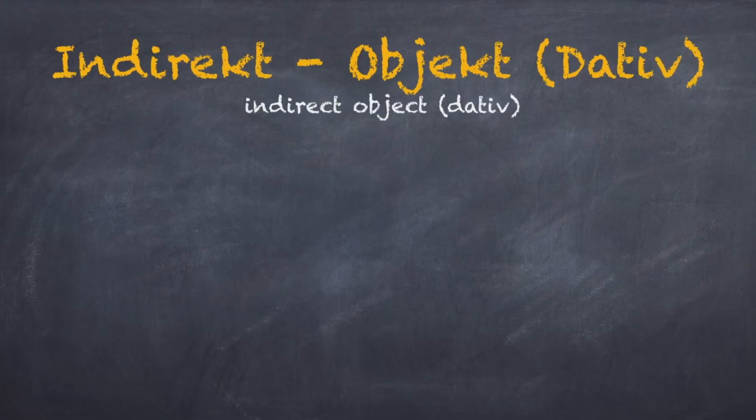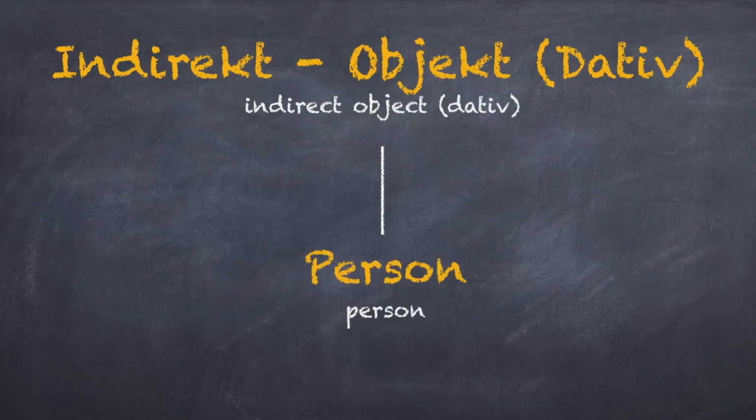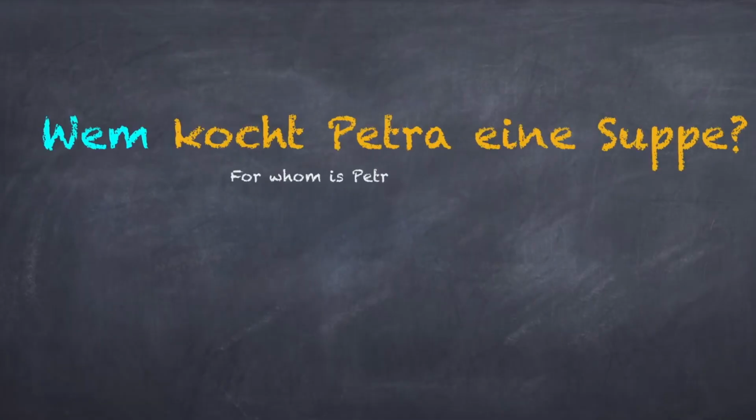So, once again, an indirect object or the dative object is mostly a person for whom the action is intended. This person or persons can be either singular or plural. Let's move on. Wem kocht Petra eine Suppe?